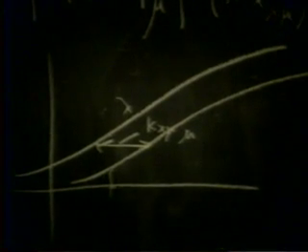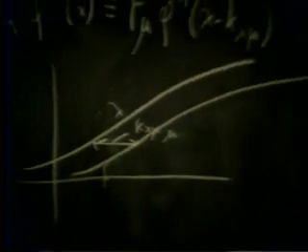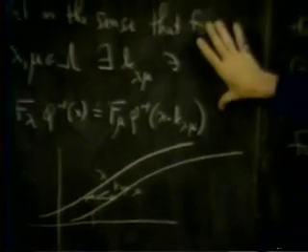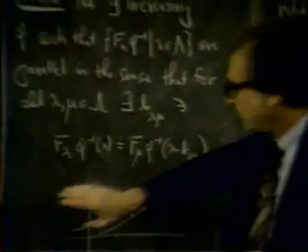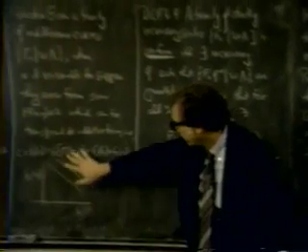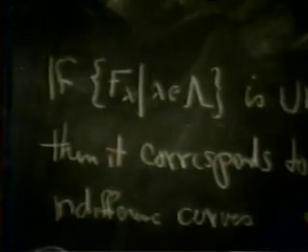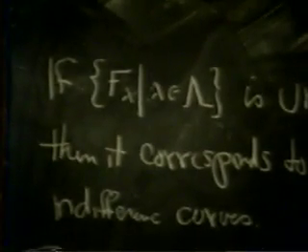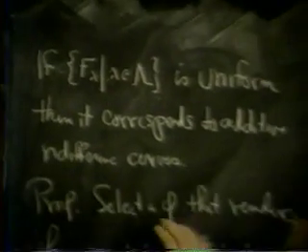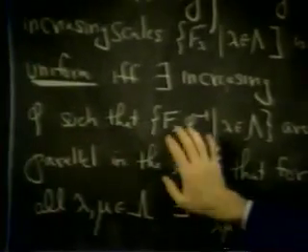And in that situation, if the scales exhibit that property, then I claim they can indeed be transformed into parallel straight lines, and the proof proceeds in the following way. Select one of the phis. There may be several phis that will do this job.